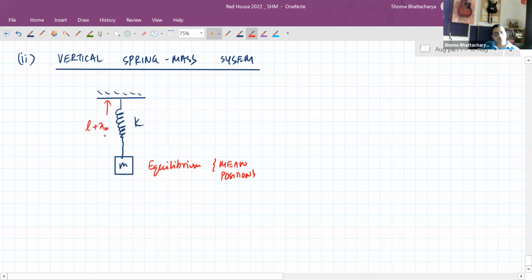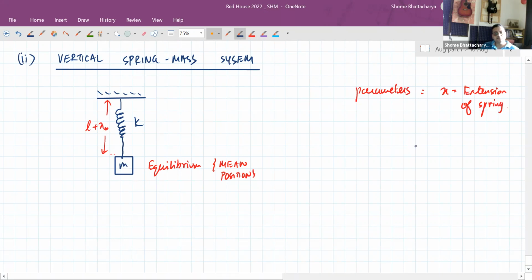So what we will do is use two different parameters. X will be for extension of the spring, so obviously positive means extension and negative means compression.